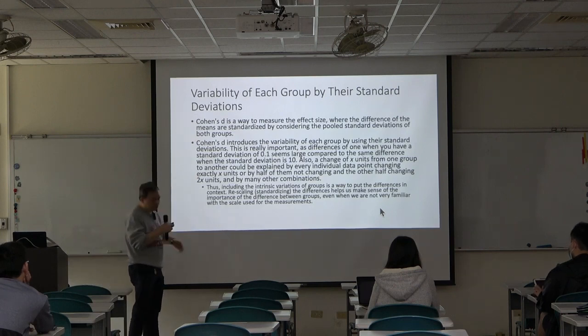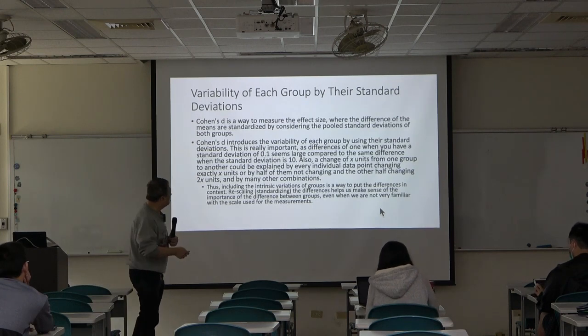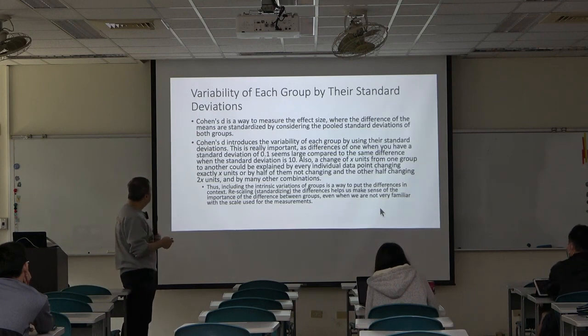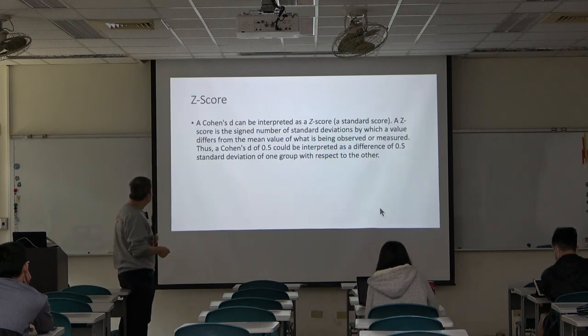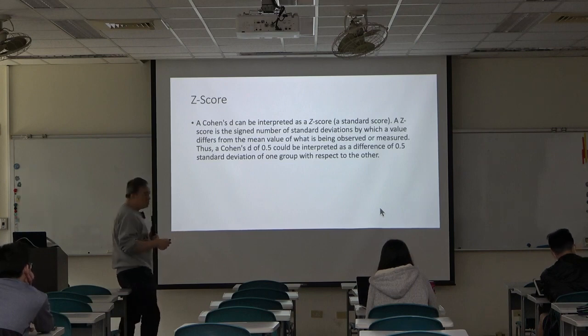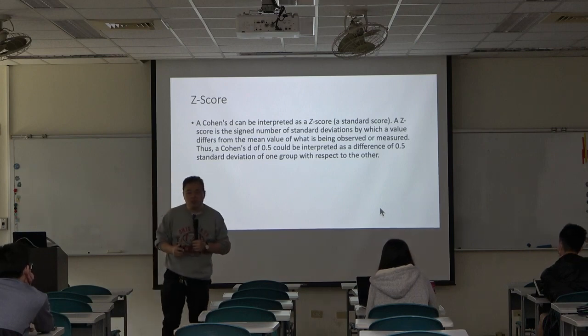So this is how Cohen's d works. In some sense, Cohen's d can also be interpreted as a z-score. Do you guys know what a z-score is?